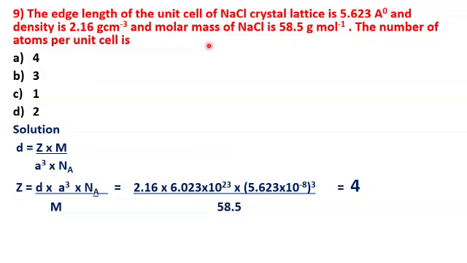So density is given, that is 2.16 and Avogadro number is 6.023 into 10 to the power 23 and value of edge length of unit cell is given, that is 5.623 into 10 raised to minus 8, its cube, then divided by M molar mass, that is 58.5. So substitute all the values, simplify. So you will get an answer of 4. Hence correct option is option A, 4.